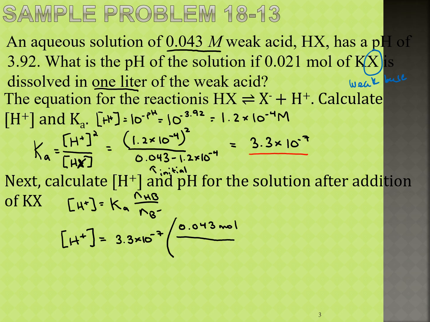And then we added to that 0.021 moles of the KX. So we're putting in those pieces of information. And so I get that the H plus concentration now, when I've made my buffer, is 6.76 times 10 to the minus 7th. And the pH is the negative log of that, which happens to be 6.17.